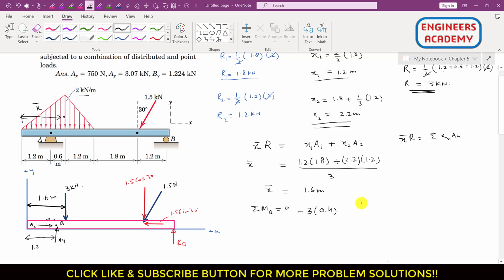Similarly, this cos component is producing the clockwise moment about that point A, so I will write minus 1.5 cos of 30, and the perpendicular distance of this cos component from that point A is the summation of 0.6, 1.2 and 1.8.